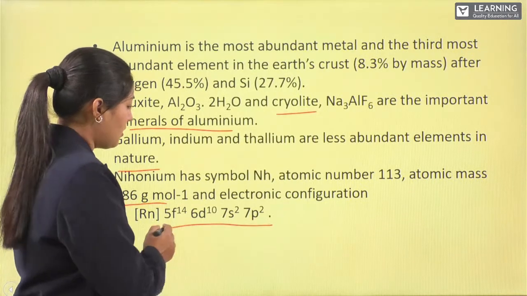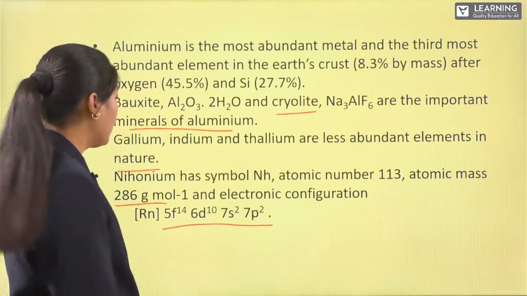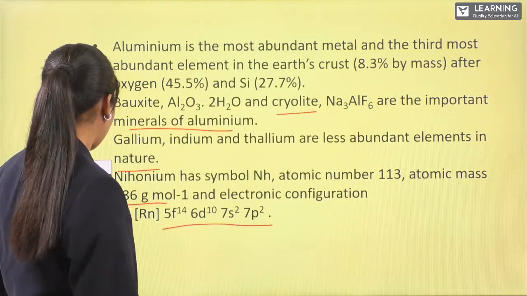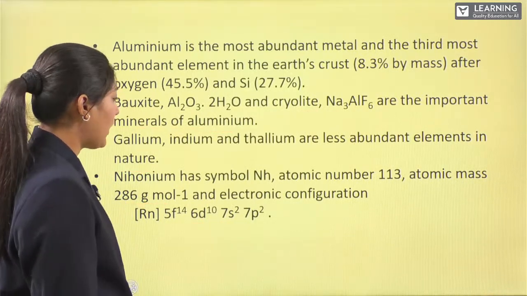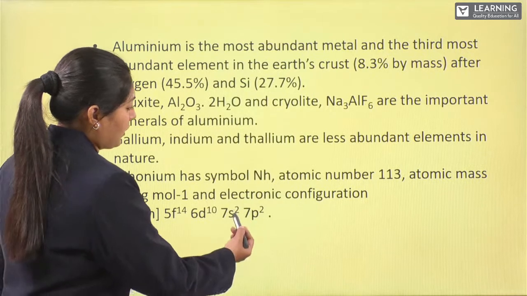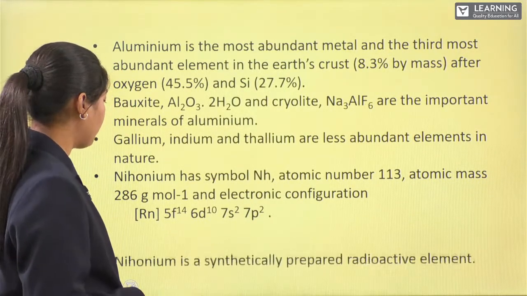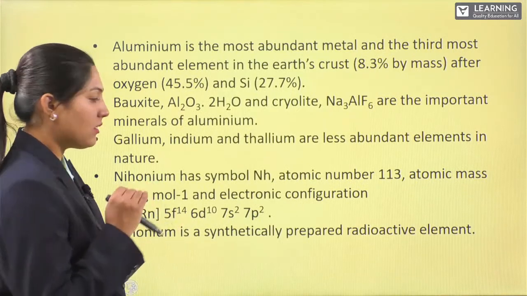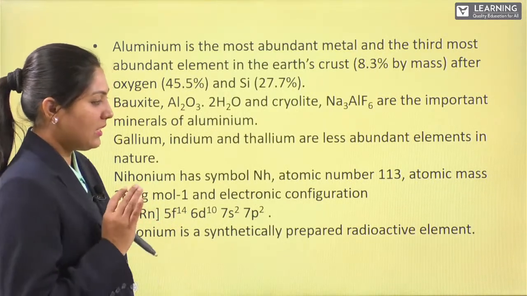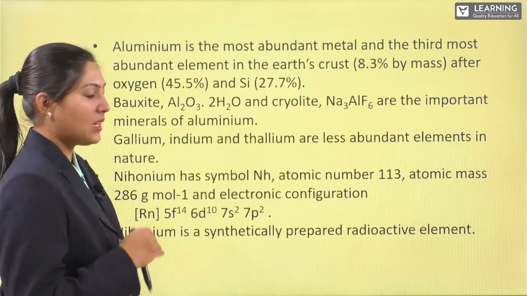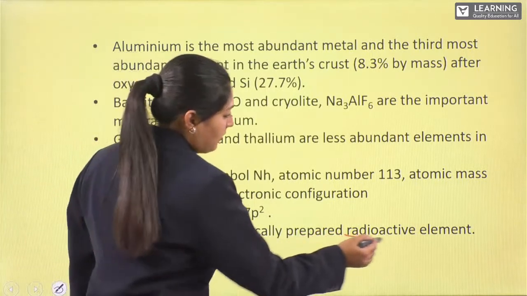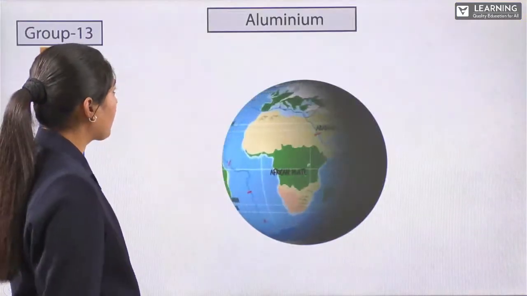So this is the configuration of nihonium. You can see the outermost shell will be having 2 plus 2, that is 4 electrons. Nihonium is a synthetically prepared radioactive element.